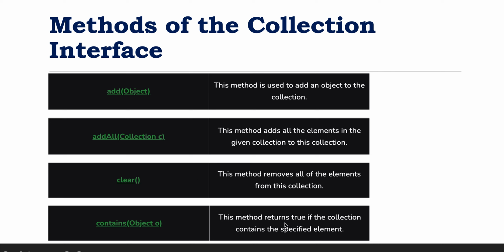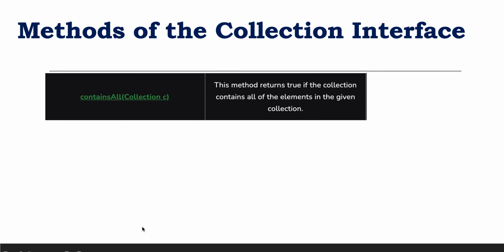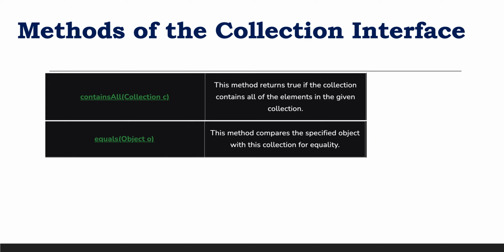It is going to return true if the collection contains the specific element that we have provided. Okay. The next method is containsAll. Similar to contains, where we provide one element to check whether it is present or not, containsAll takes a collection, meaning a group of elements, and checks them inside the collection. This method returns true if the collection contains all of the elements in the given collection.